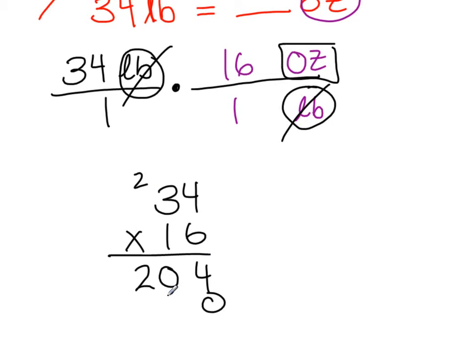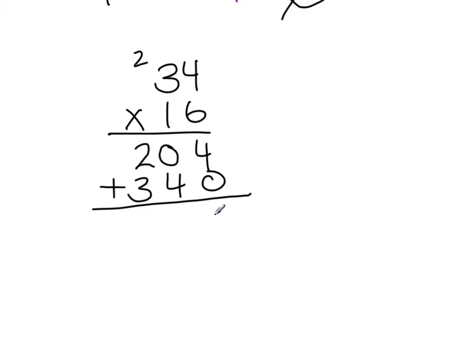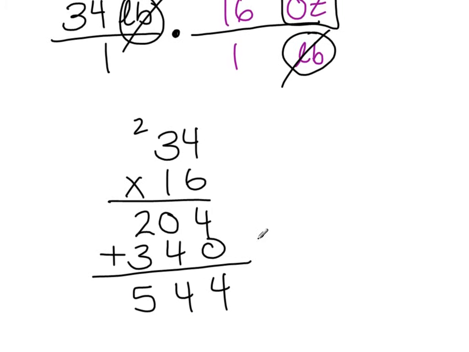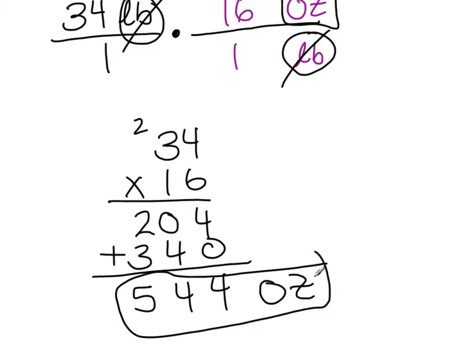Placeholder, don't forget it. Multiply by 1 and everything's the same. Add up the digits. Let me extend my page. And we have 544. And now our new unit is ounces. So we have 544 ounces. And that's how we tackle the problem, which is pretty nice.